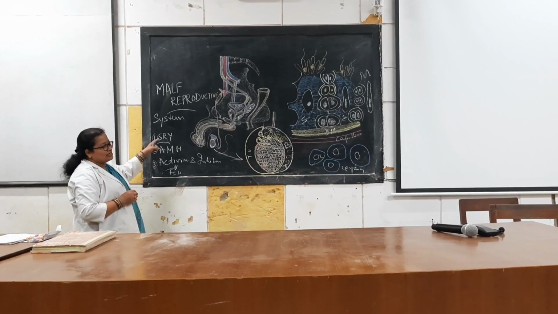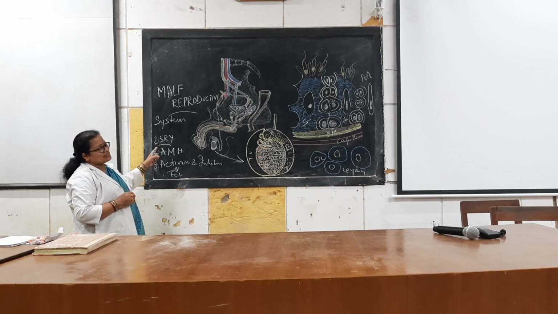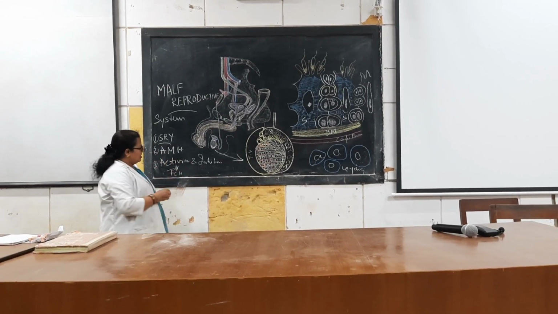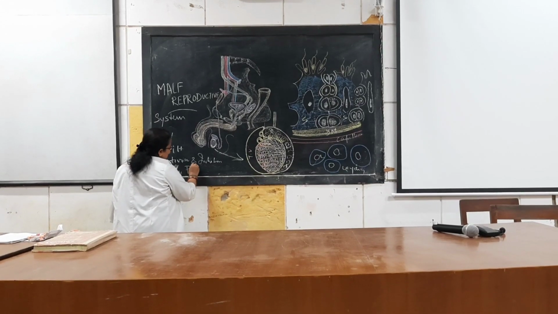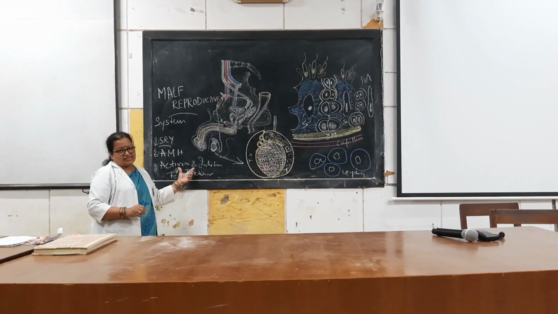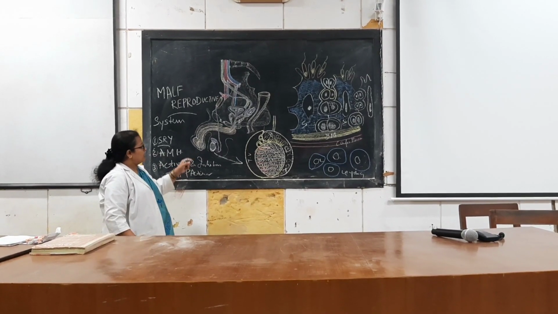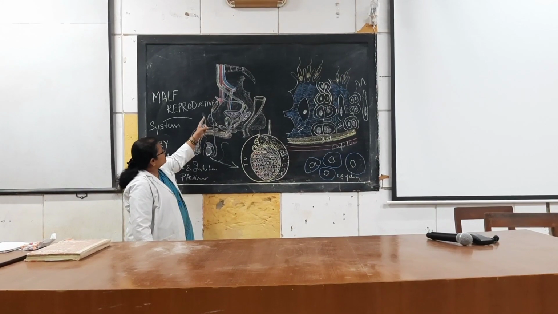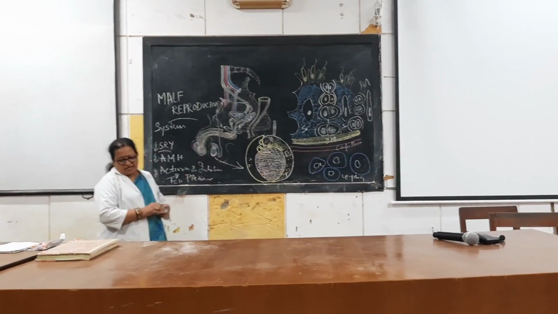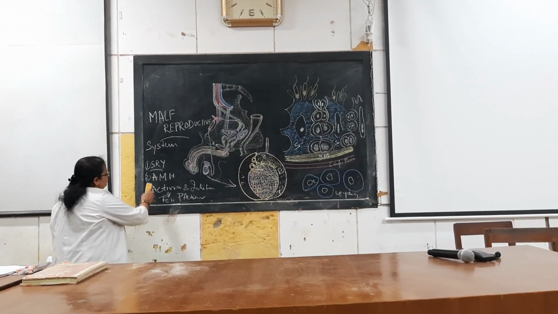First, it is the first site for detection of the SRY gene. It releases anti-Mullerian hormone, activin and inhibin, plasminogen activator, and it takes up the residual bodies. These residual bodies are also taken up by the principal cells present in the epididymis and efferent ductus. We will come to that.